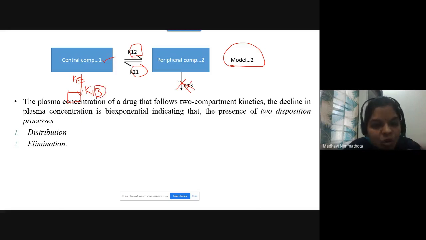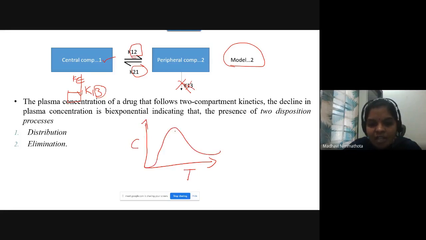The plasma concentration of a drug that follows two compartmental kinetics, the decline in the plasma drug concentration is bi-exponential. When you observe the plasma concentration versus time profile, after attaining a certain point, a decline of your plasma drug concentration may be observed. This is due to disposition processes.